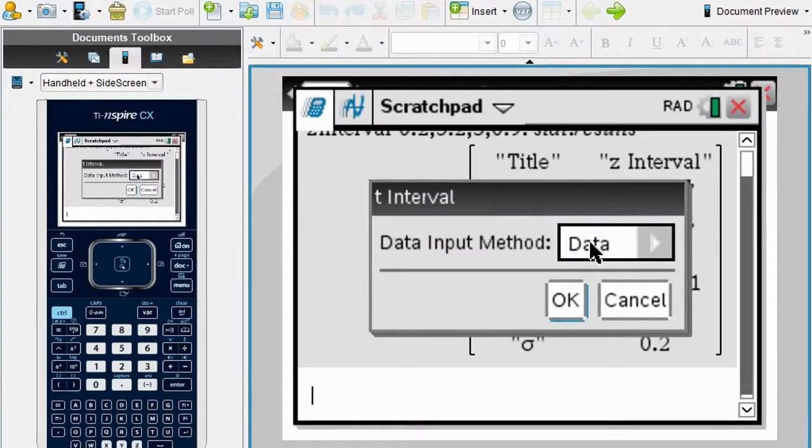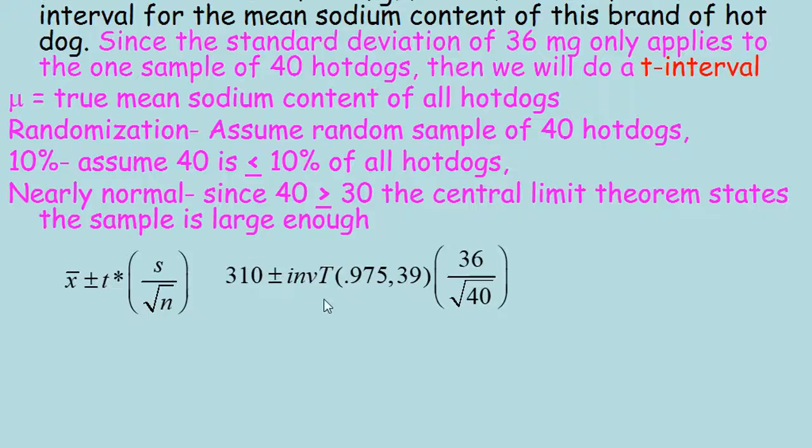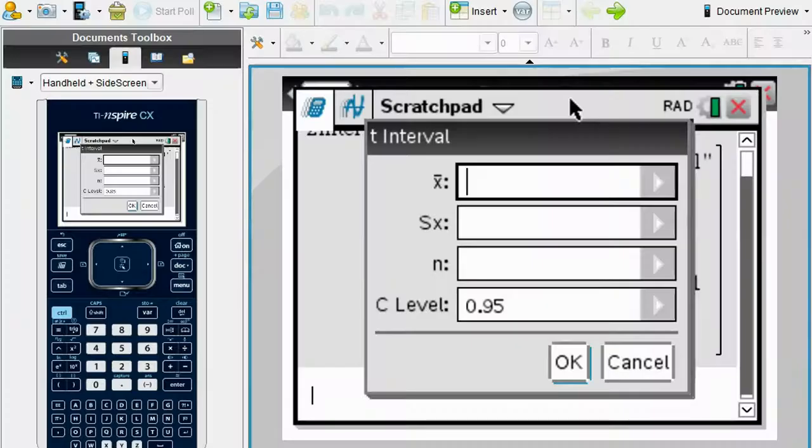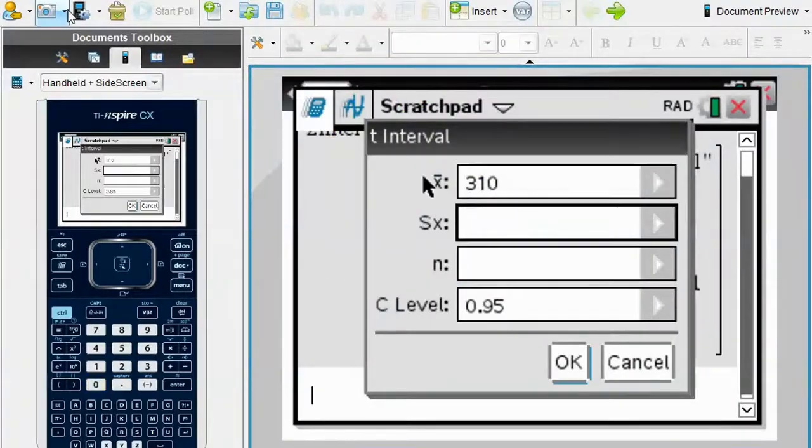Again, you don't have the whole data, so switch that to stats. Now start typing some things. The mean sodium level was 310, the standard deviation was 36, the sample was 40 hot dogs, and the level was 95%.